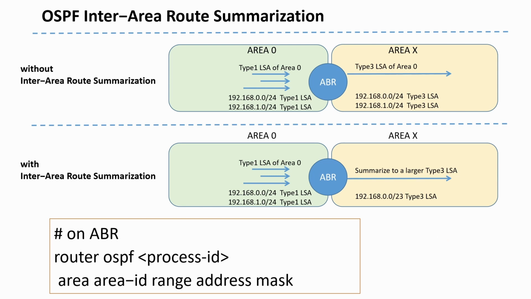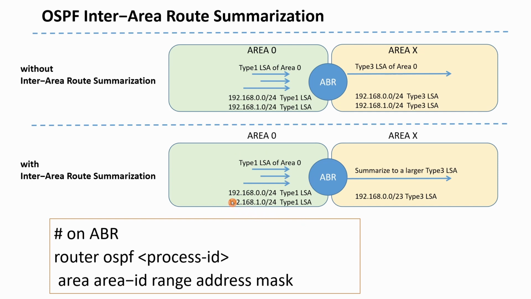If inter-area route summarization is enabled, the ABR can further summarize the routes into larger subnets and remove the detailed routes, like the bottom shows.